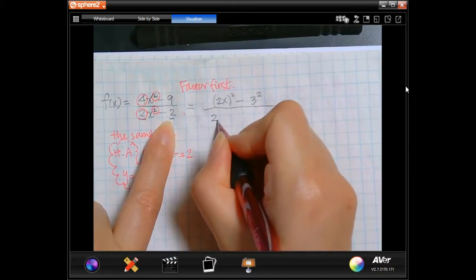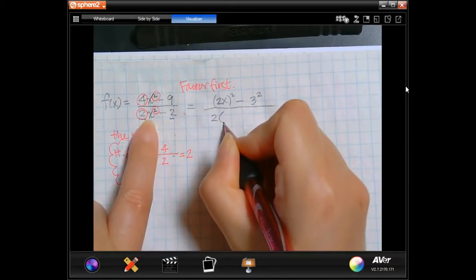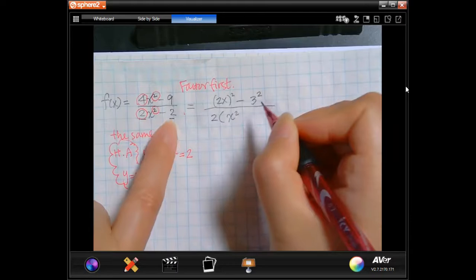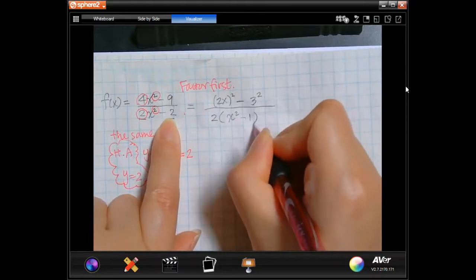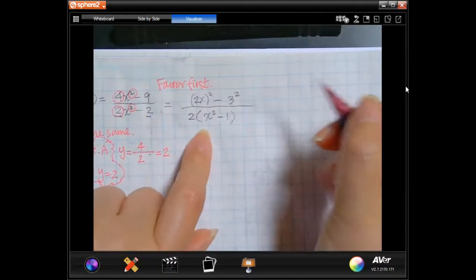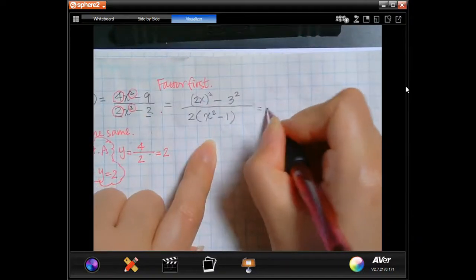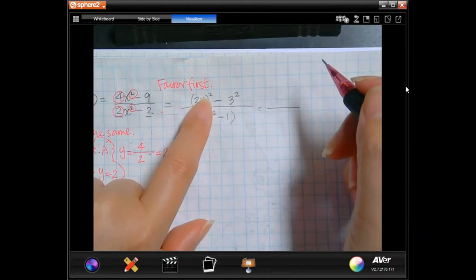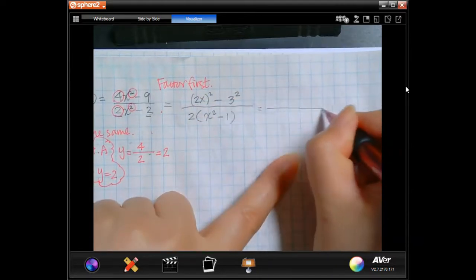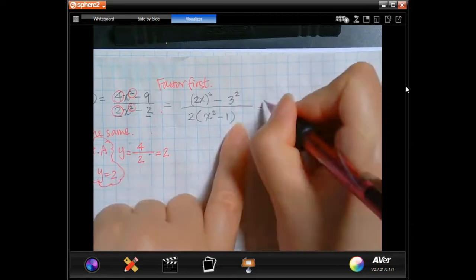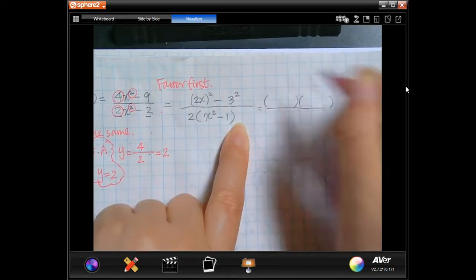So 2 out in parentheses will be x squared, and if you factor 2 out of 2, it's going to be 1. Then let's focus on each side. If I have one term squared minus the other term squared, then I will follow the difference of squares: 2 parentheses, 2 terms.